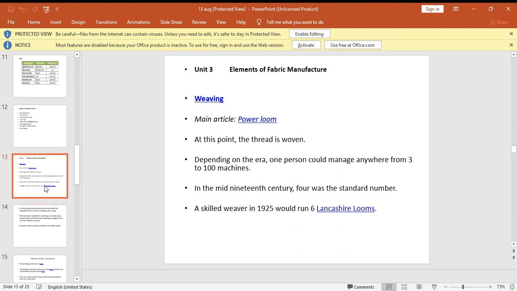So the introduction of weaving is nothing but the main article, power loom. At this point, the thread is woven. Depending on the era, one person could manage how many looms? 3 to 100 machines. In the mid-century, 4 was the standard number. A skilled weaver in 1925 would run 6 looms at a time.